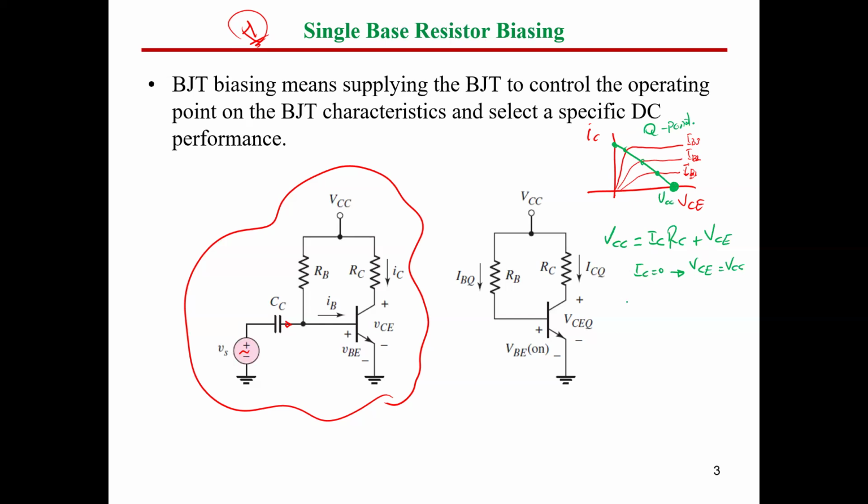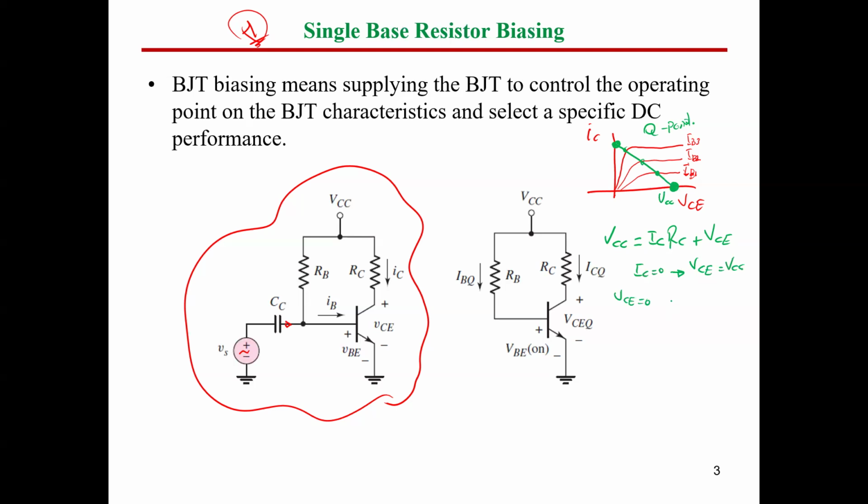And at VCE equals 0 in the same equation, this means all the values of IC are on this horizontal line. So this point here represents the value of VCE equals 0. So if you substitute that in our equation here, you will get that the value of I collector equals VCC divided by RC.